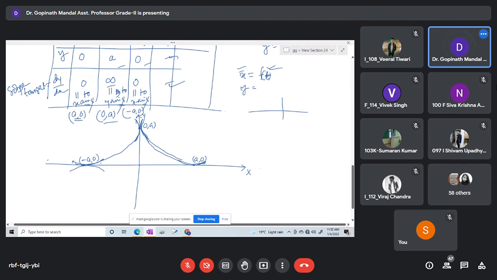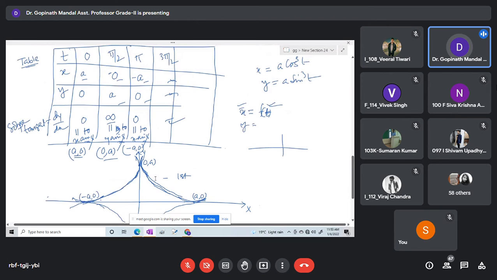First you draw the first quadrant, then you can say that this is symmetric about y-axis, so this curve will be like that, and this is also symmetric about x-axis, so there will be a point 0 comma minus a, and the curve will be like that. So this is our curve: x equals a cos cubed t, y equals a sin cubed t.